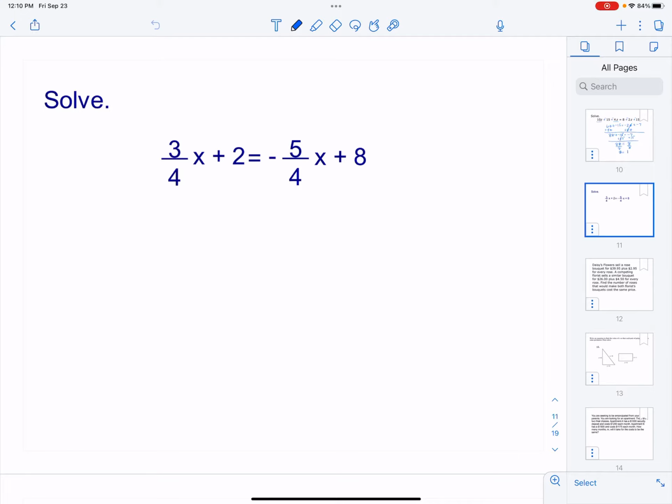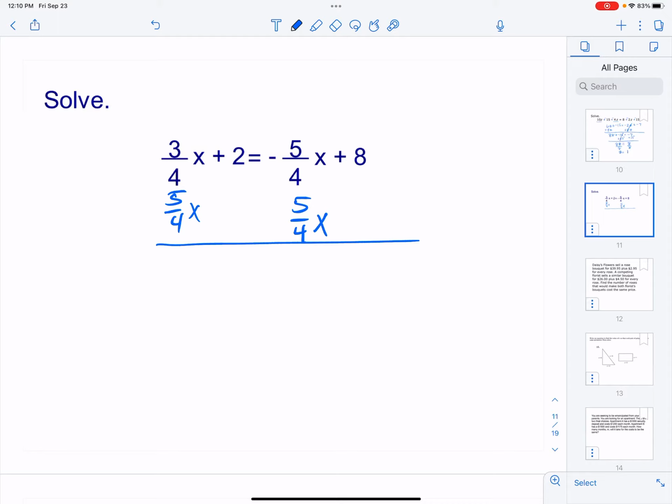So we're still going to go through the same steps. Step number 1, get my letters on one side. Now for me personally, like I've said in class, I like moving my letters over to the left. So that's what I'm going to do every single time. Here I've got a negative 5/4 x. In order to move that, I'm going to add a positive 5/4 x. And if I add that to one side, I'm going to add that to the other side as well.